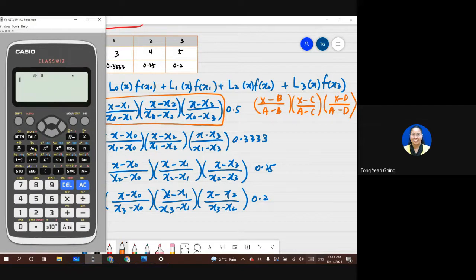So using the calculator, put the equation: alpha x minus alpha b, this one alpha a minus alpha b, and then alpha x minus alpha c, alpha a minus alpha c, and then times alpha x minus alpha d, over alpha a minus alpha d.